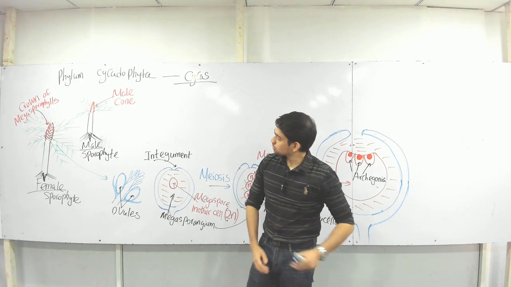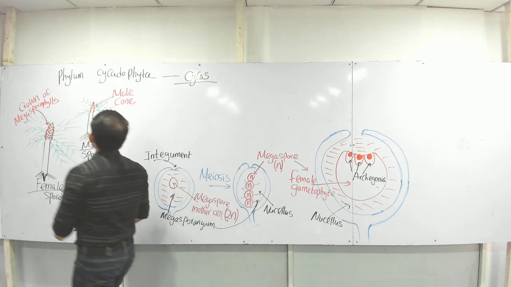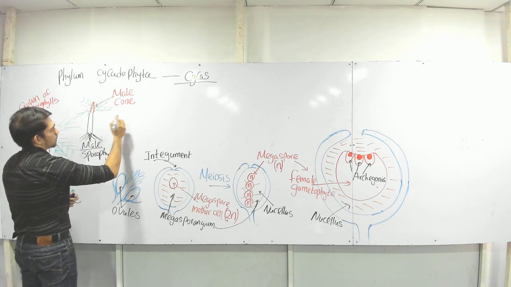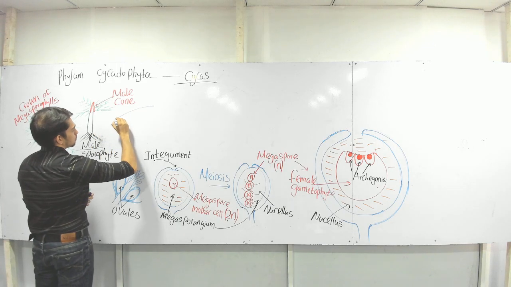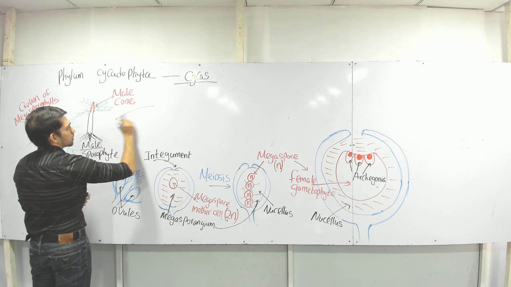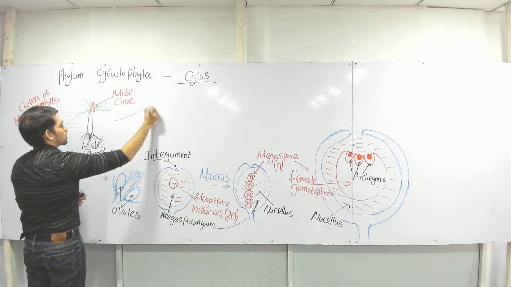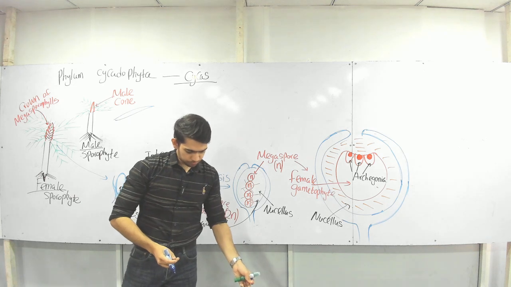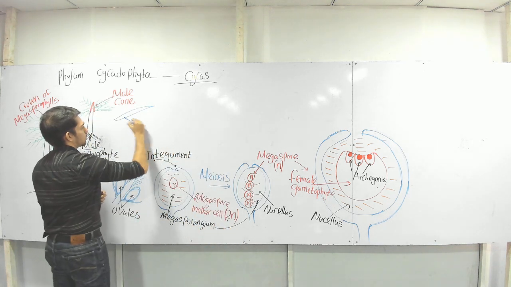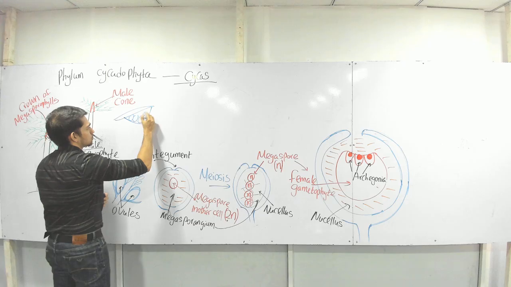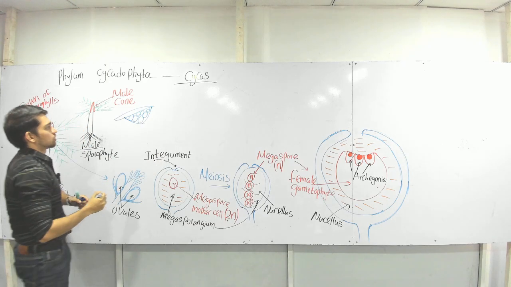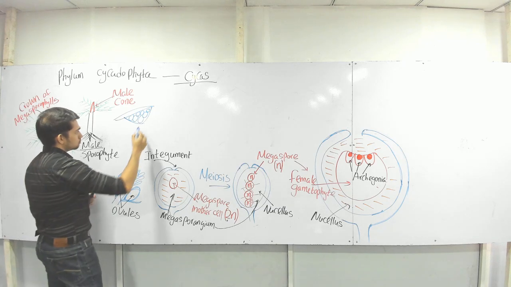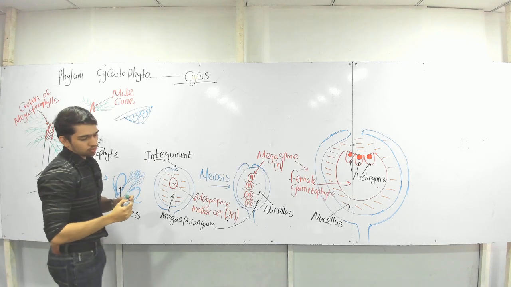If you take a close look, take one leaf out of this male cone. It's not exactly like this, it can differ, but underneath you have these microsporangia.